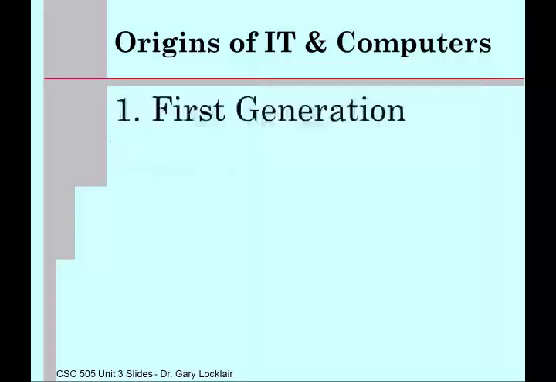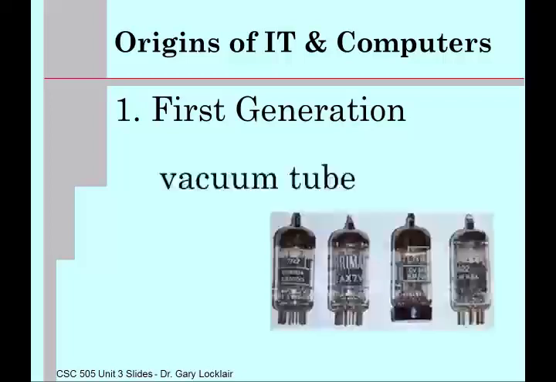All right. The first generation of computers, do I have a year? I didn't want to write years or anything like that because I didn't want you to worry about it. But what identifies a first generation computer is vacuum tubes.